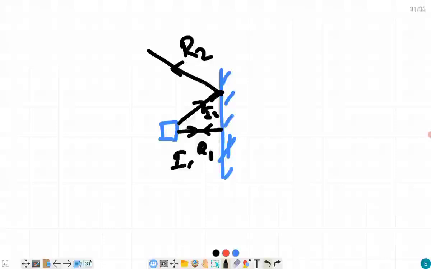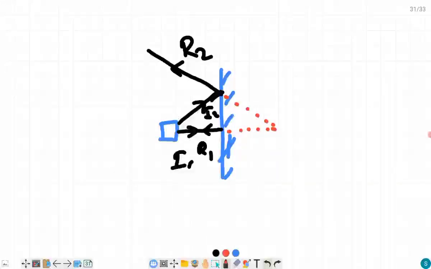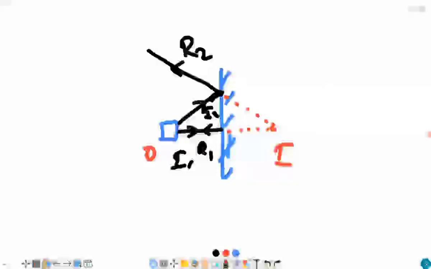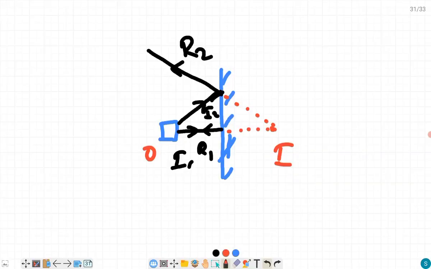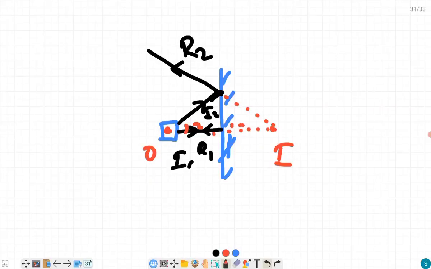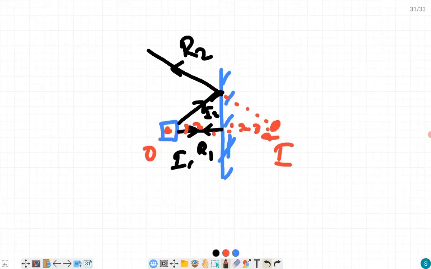Let me extend them behind the mirror with a different color. Now check where you got the image. This is the object, right? This is the image. If you observe carefully, this is the first box, second box, third box and fourth box. Now this is also the same, first, second, third, fourth. At the fourth box only you have the image formed.